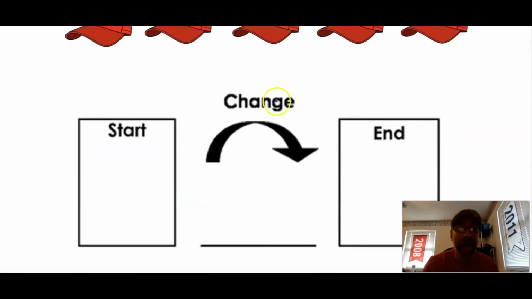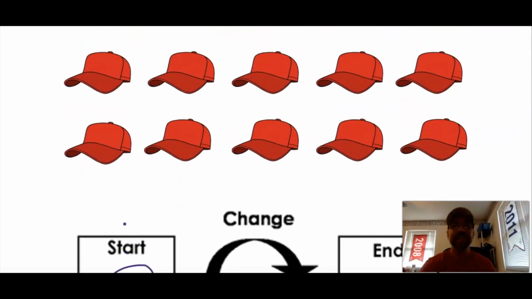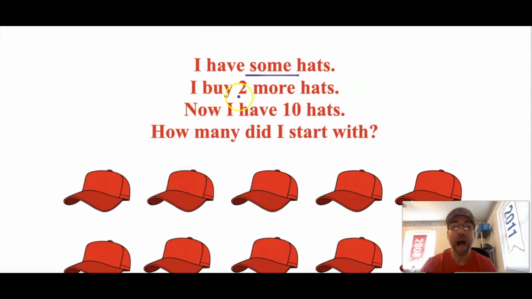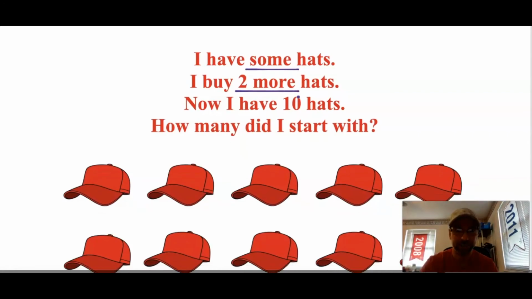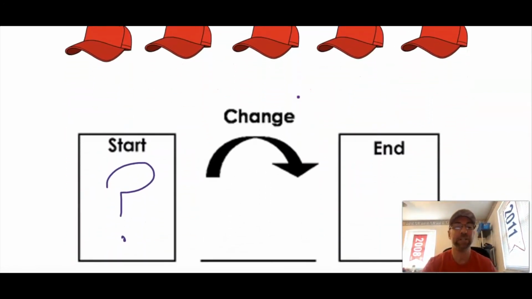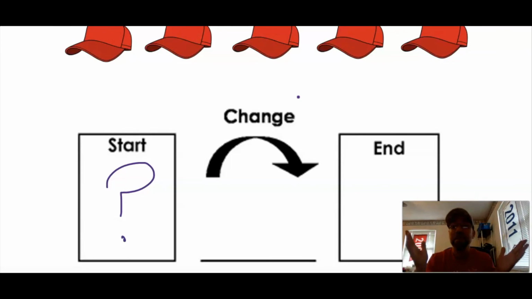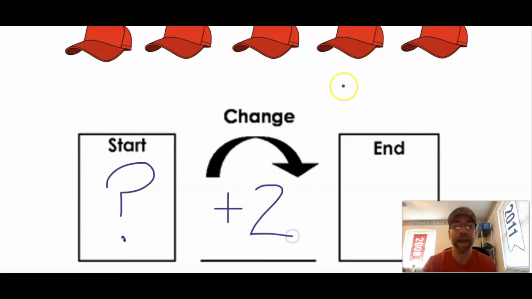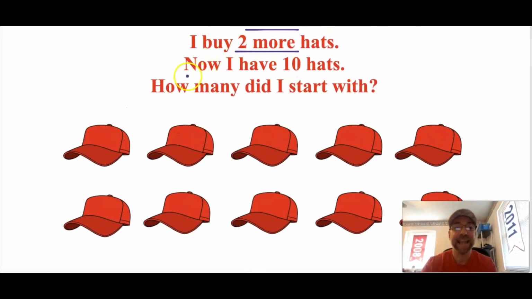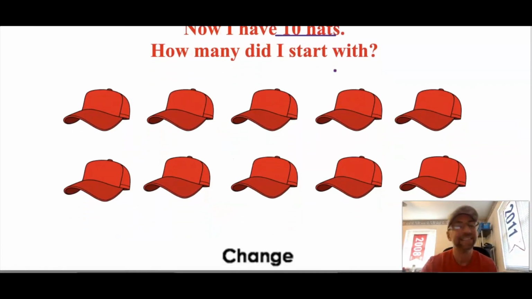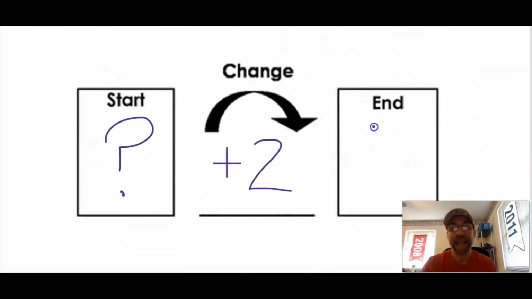In our start box, we're going to put a question mark. I buy 2 more hats. That's our change. What do you think we're going to put in our change? Plus 2. Let's see what our end is. Now I have 10 hats. That's right. Our end is 10.